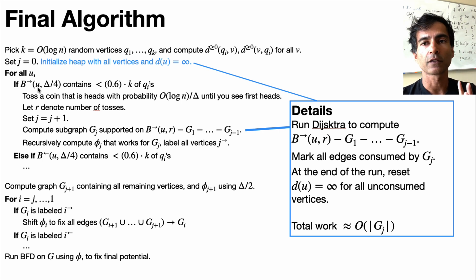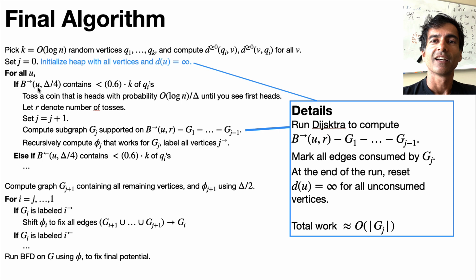Once you've identified all of those vertices, you take them out and construct the first graph. And now you want to reset the d values of all the vertices that are outside that graph to be infinity, to restore the heap. The key point is you don't want to spend order m time to fix the heap up. You just want to spend time that's proportional to the size of the current graph that you're working with to restore the heap.